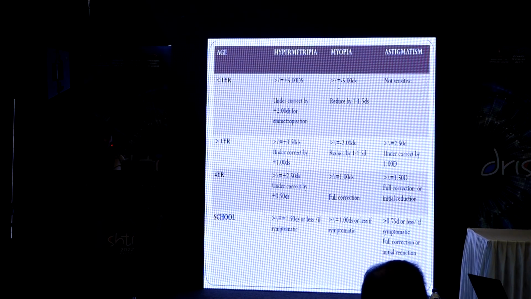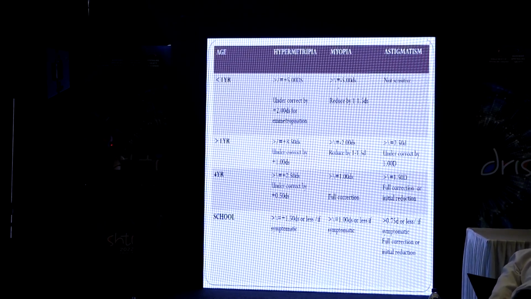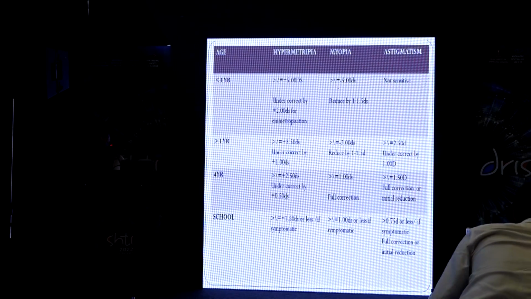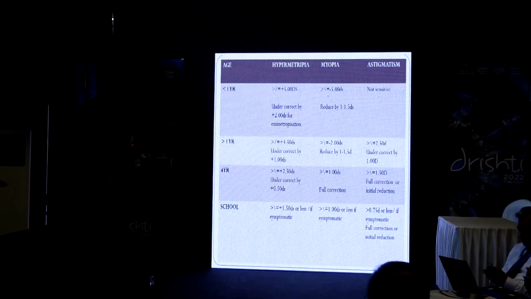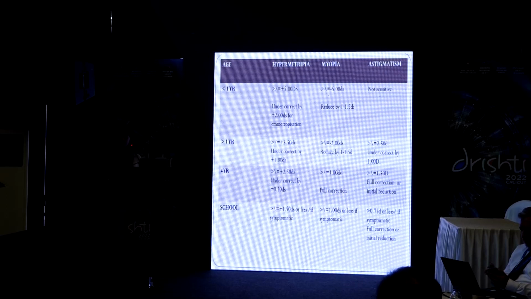And if the age is greater than 1 year, if the child has greater than 3.5 diopters of hypermetropia, we can undercorrect up to 1 diopter. In myopia, if it's greater than 2 diopters, we can undercorrect up to 1 to 1.5 diopters. And in astigmatism, we can undercorrect up to 1 diopter if it's more than 2.5 diopters.